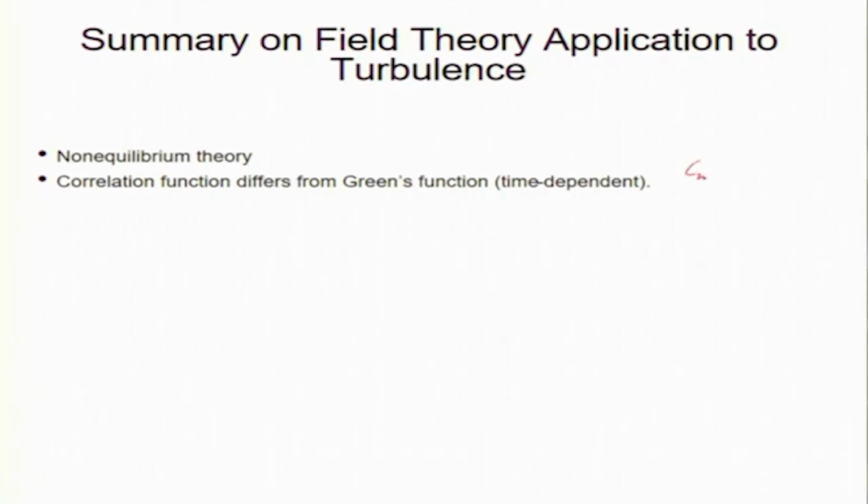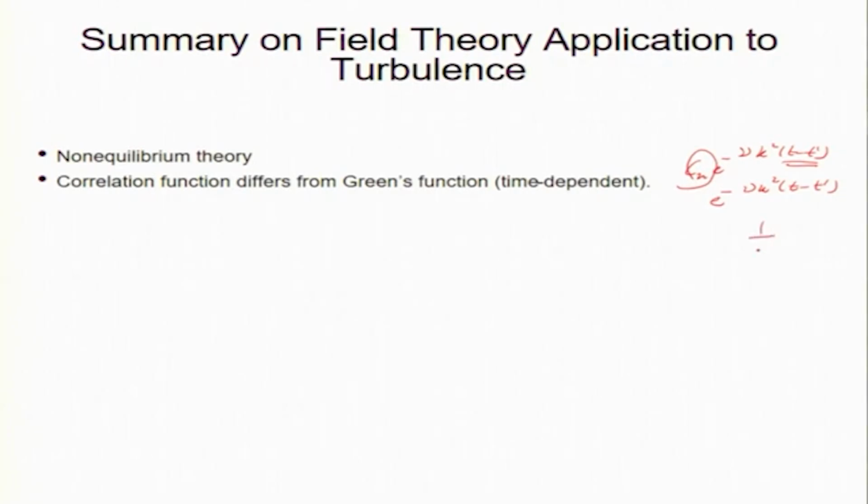Both of them have a similar form for time dependence, but the correlation function was this, while the Green's function was simply this. So, there is a big factor sitting there, C_n. And of course, these are time dependent. When I was doing equilibrium theory, there was no time dependence. So, that is a major difference.